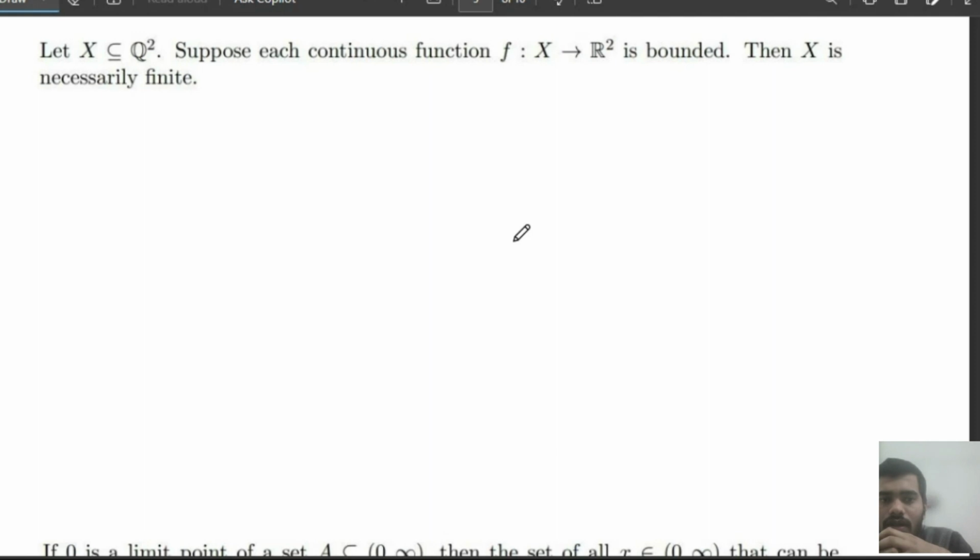We want identity. Very nice. So if we take X as an unbounded set, then we can easily get a continuous function which is identity, which will give the image as unbounded.